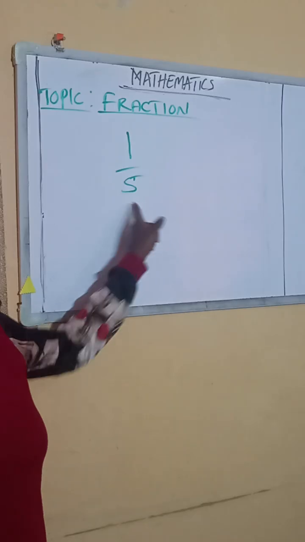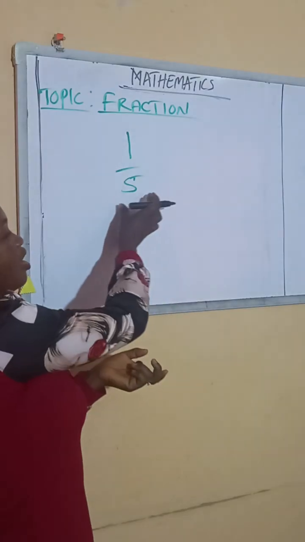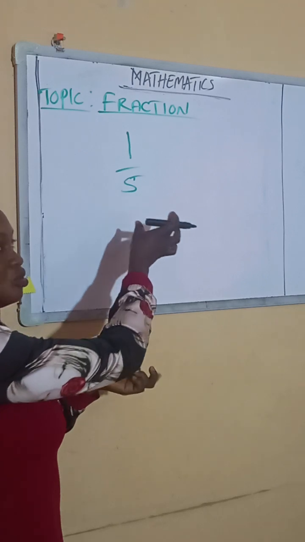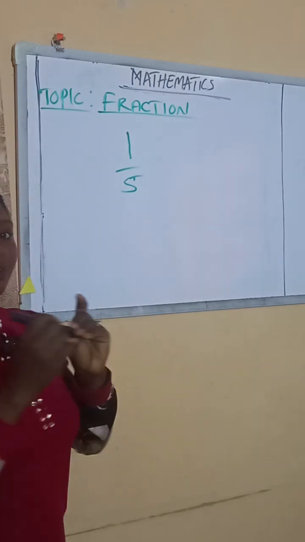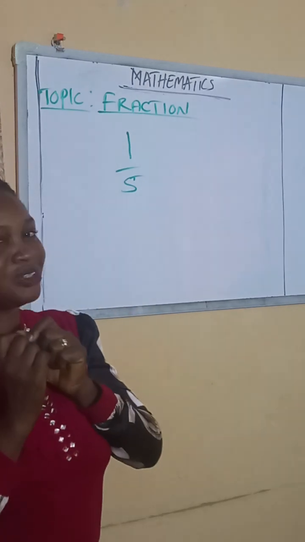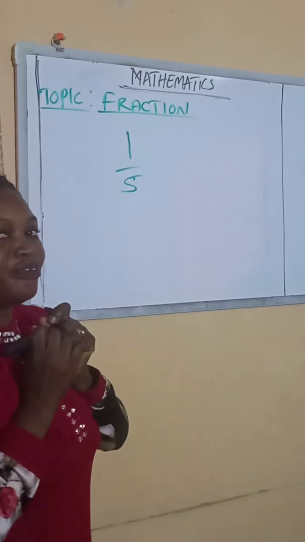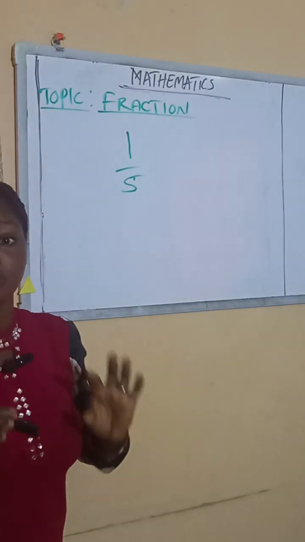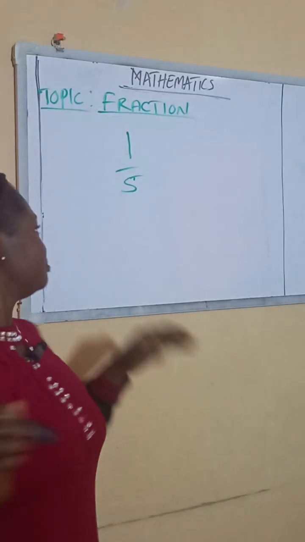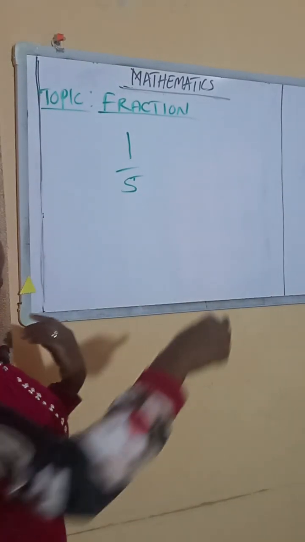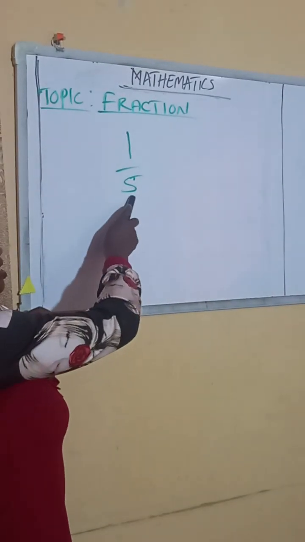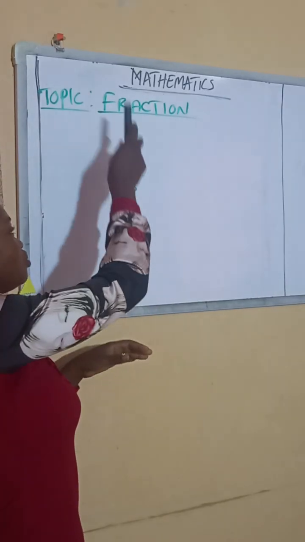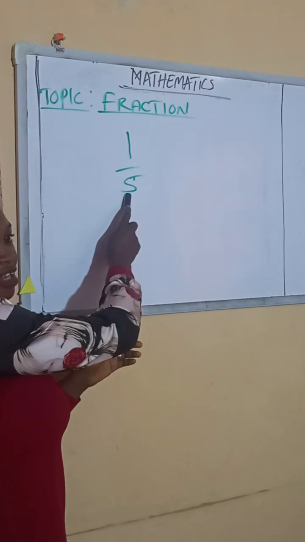Like I said before, you have a cake divided into 5 equal parts. Please take note. When it is not divided into 5 equal parts, it is not a fraction. If you divide it and it is not equal, it is not a fraction. It has to be divided equally. Now you divide one cake into 5 equal parts, and you pick one out of these 5 parts. It becomes 1/5.